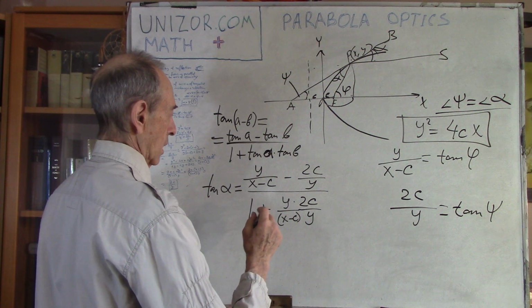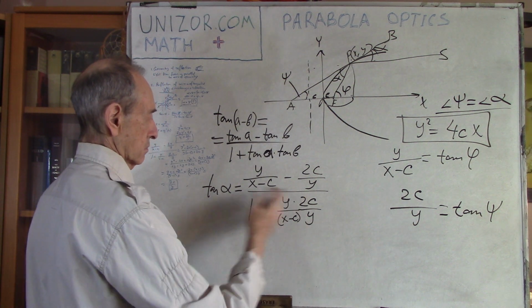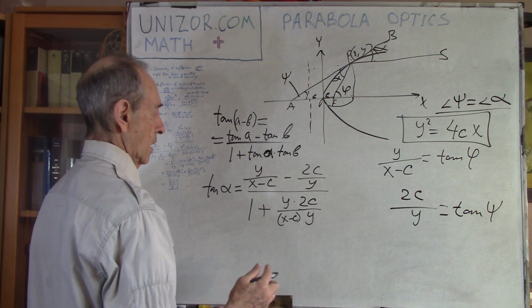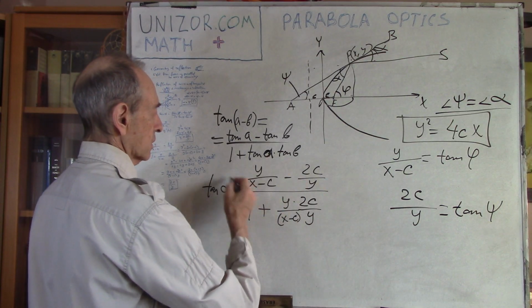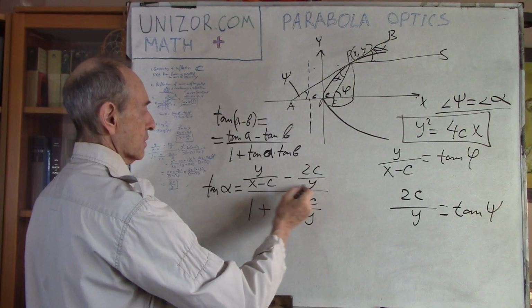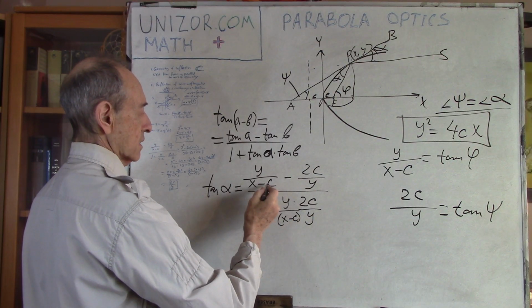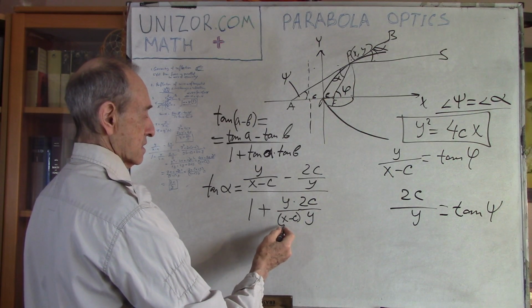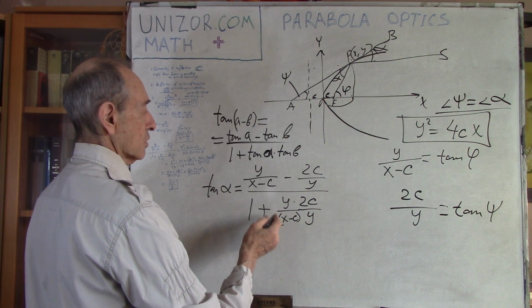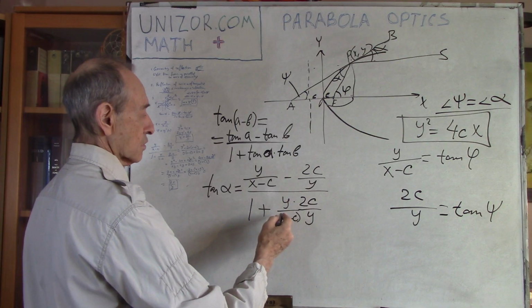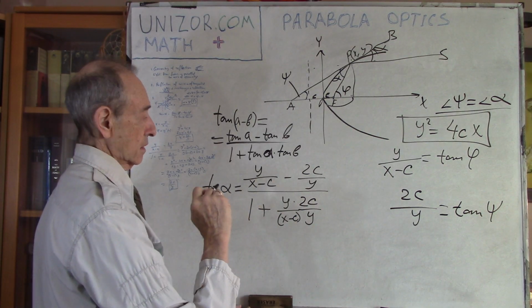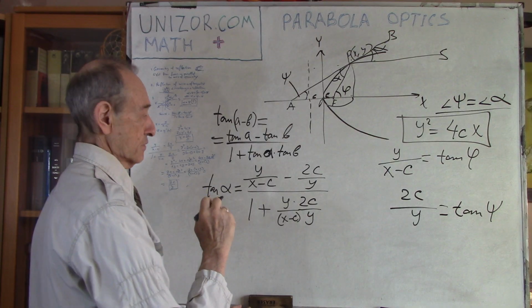Now, okay, let's just simplify this thing, because all we need right now is to simplify. The common denominator would be y times x minus c. The common denominator of this is also y times x minus c. So I can actually bring both to the common denominator and ignore the denominators of each of them, right?